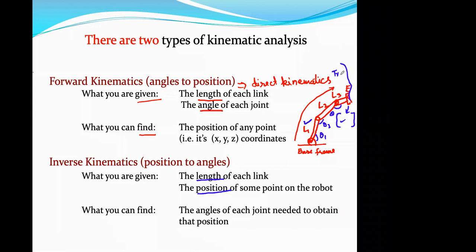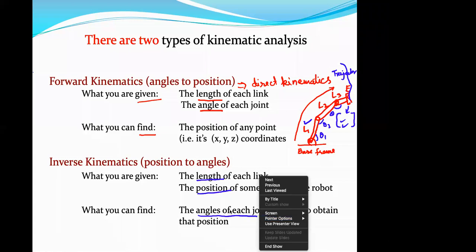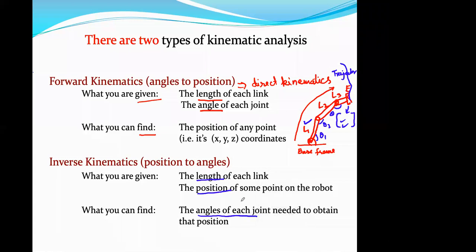We have been given the trajectory of the robot end effector as a mathematical function. What we have to find out is the angle of each joint. We have to evaluate θ1, θ2 and θ3.